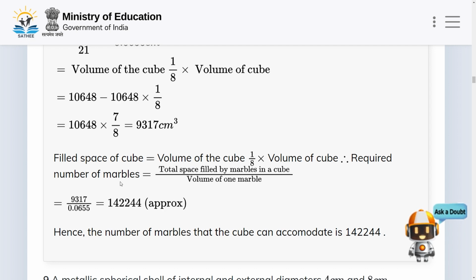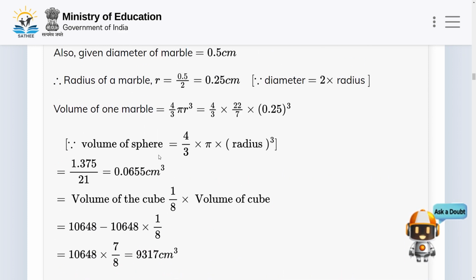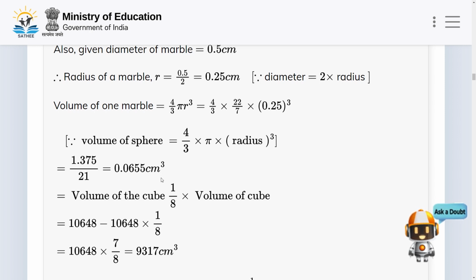Therefore the required number of marbles is the total space filled by marbles in the cube divided by the volume of one marble. The total space filled by marbles in the cube is 9317, and the volume of one marble is 0.0655.